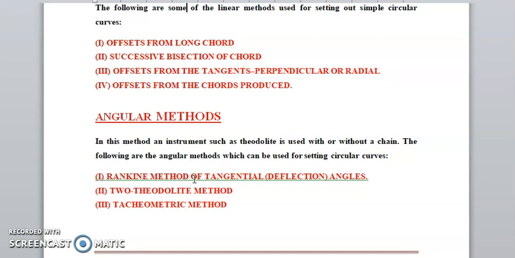Next, the two theodolite method. Third, the tacheometry method. These are the angular methods where the theodolite is used, whereas in the linear methods only tape and chain are used.